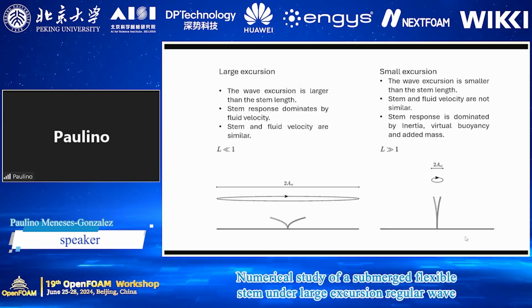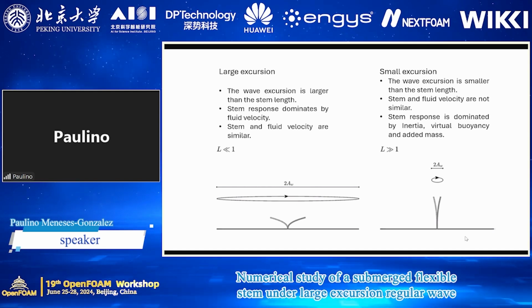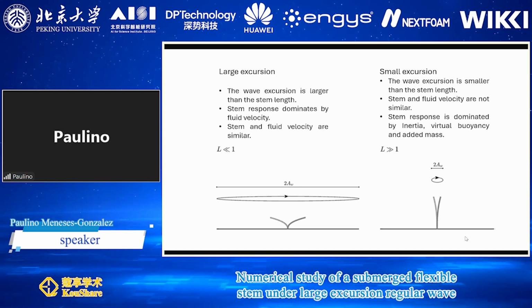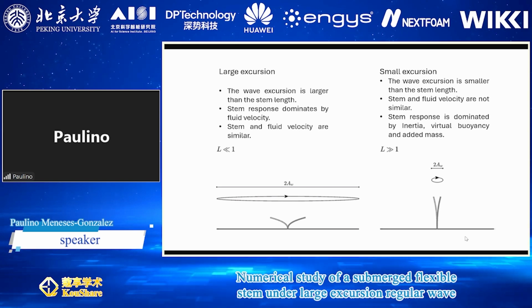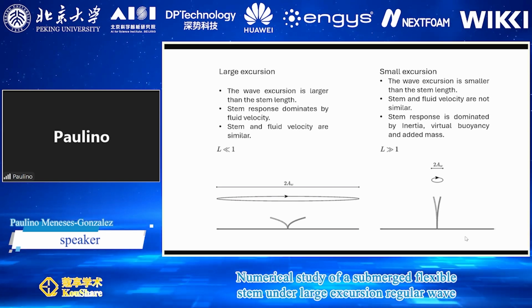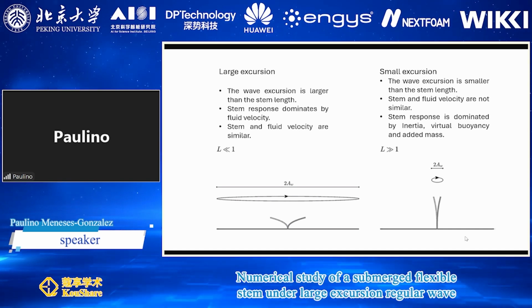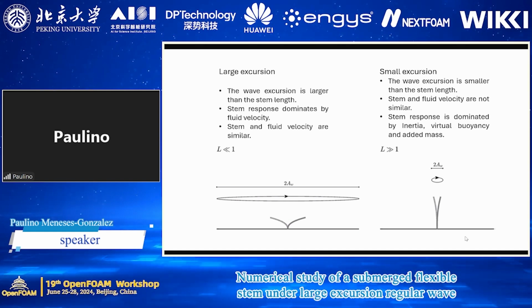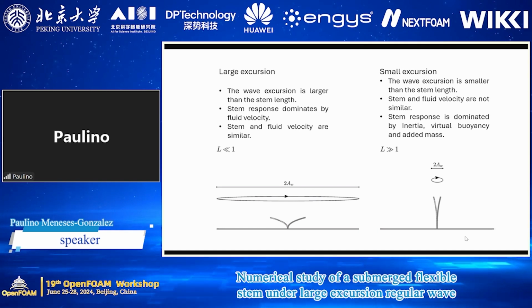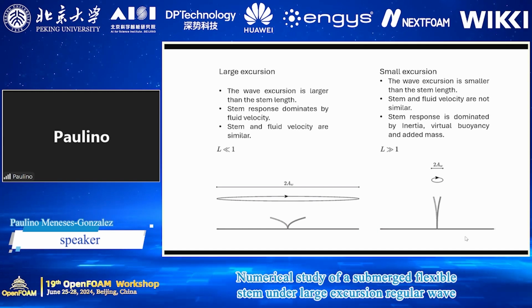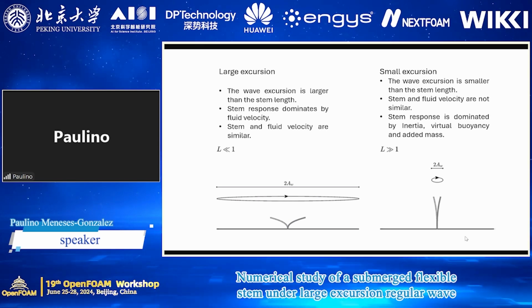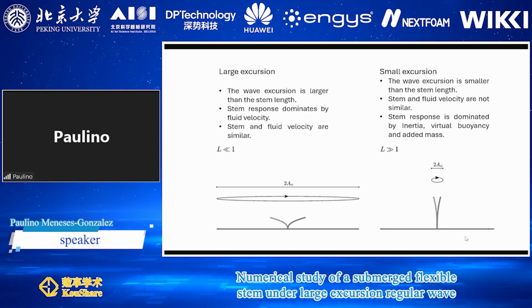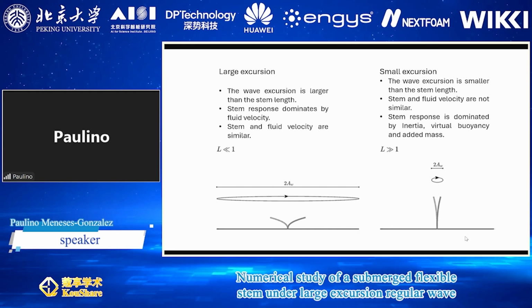And first, what is a large excursion? Basically, it is when the vegetation, or the length of the vegetation, is small in comparison with the wave excursion or wavelength, and that is the typical case in real life. It's important to simulate and understand this phenomenon, but it's also really difficult to simulate, especially with real vegetation, around 3 millimeters, 2 millimeters thickness.